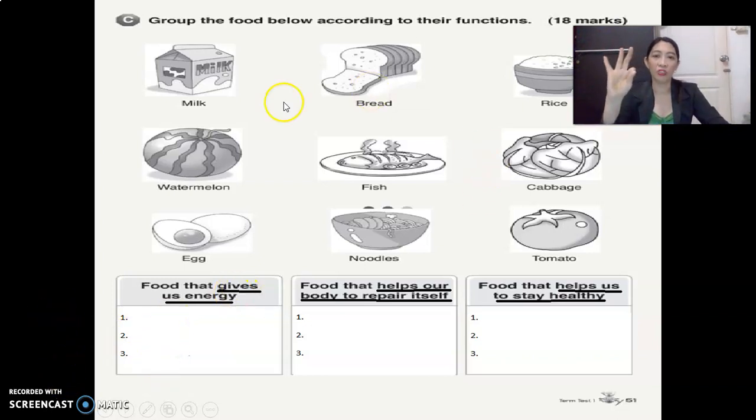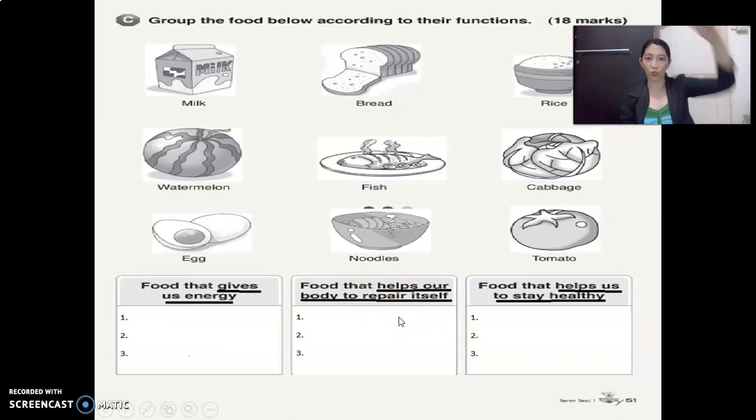Which are the foods that give us energy? Number 2 is food that helps our body repair itself and helps us grow. Which food helps us to stay healthy, for beautiful skin?